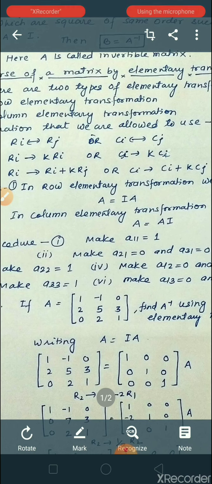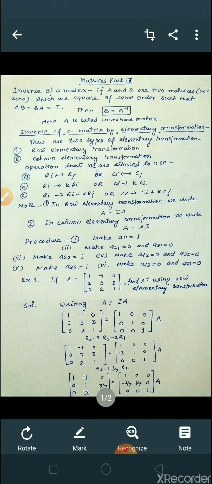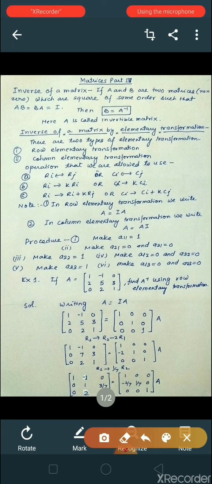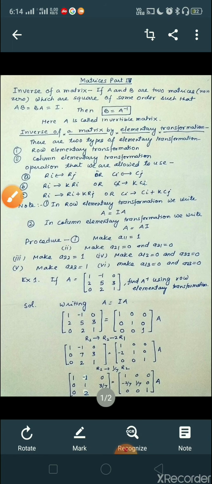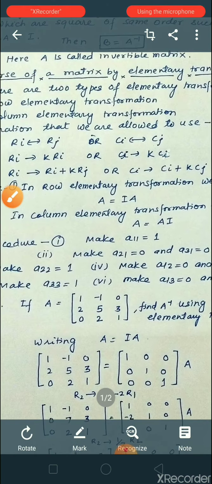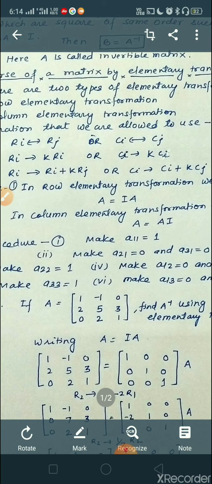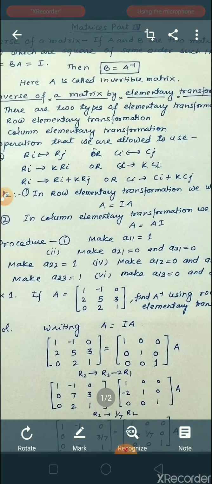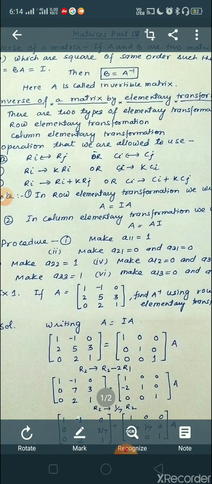Certain other topics are there. In row elementary transformation, we write A is equal to IA. It is pertinent to know how you would solve a matrix for inverse. So for row elementary transformation, we always write A is equal to IA. No other form can be used here, only this form. And in column elementary transformation, we use A is equal to AI. So it should be noted.